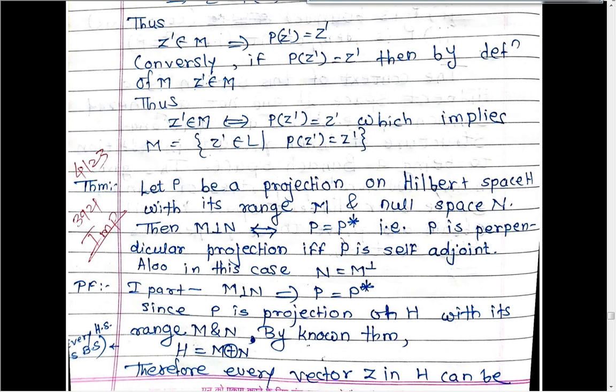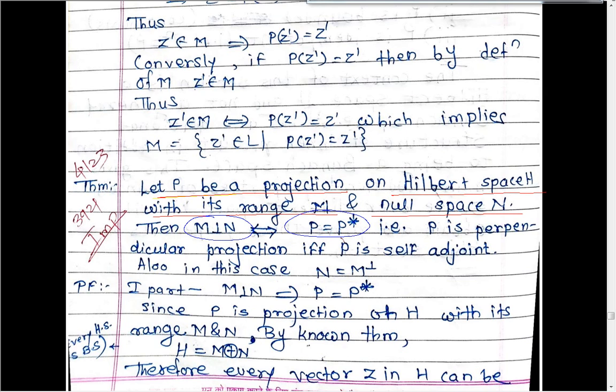The next property which we will study is this: let P be a projection on Hilbert space H with its range M and null space N. Then we have to prove that M is orthogonal to N if and only if P is equal to P star.